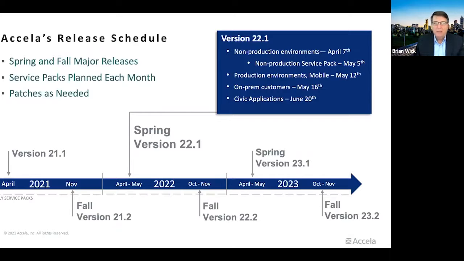So if you're not a member of that community now, I encourage you to sign up, as well as utilize daily notifications. And the reason for that is if we do have a patch or a service pack, that way you're always going to be on top of what we're planning from a release standpoint. So join the success community, and there's also a ton of other really important and helpful information there as well.